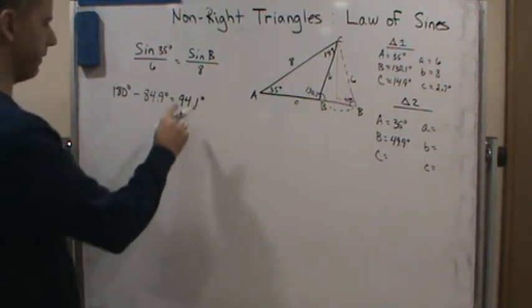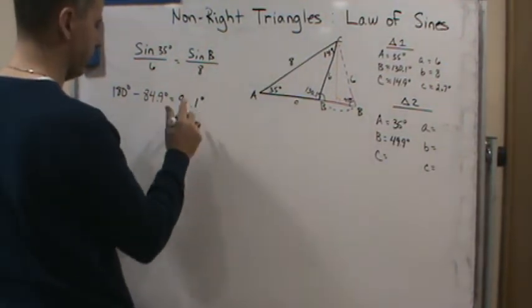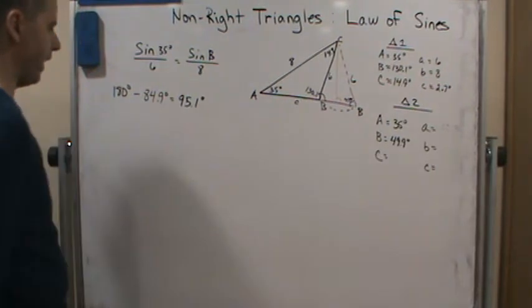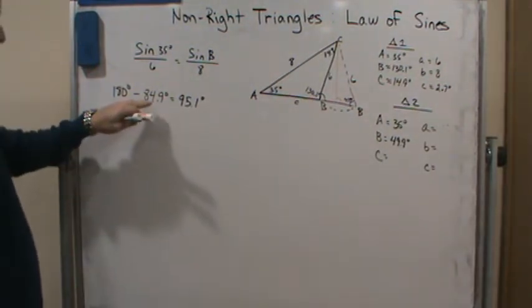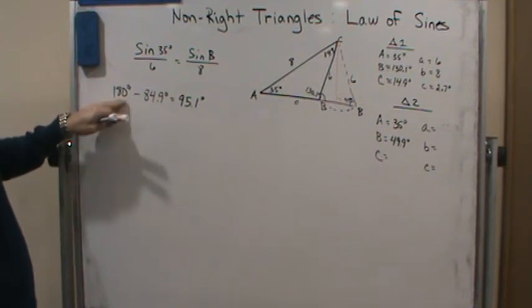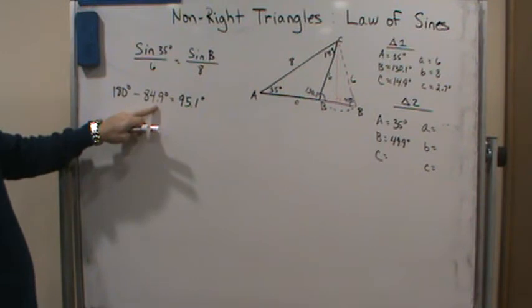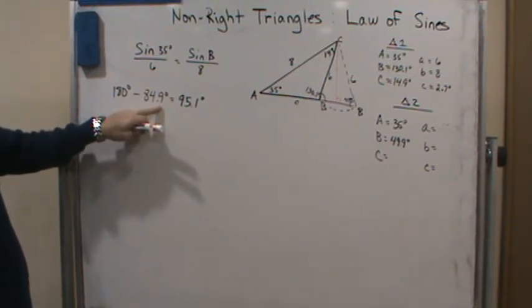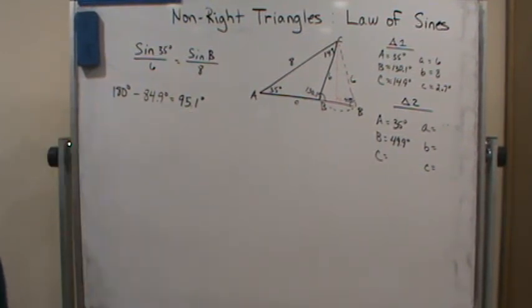Oh, 95.1. Made a mistake. It's always good to double check. If you round this to 85 and subtract off 85, that gives you 95. Because you subtracted 1/10 too much, you get 95.1.